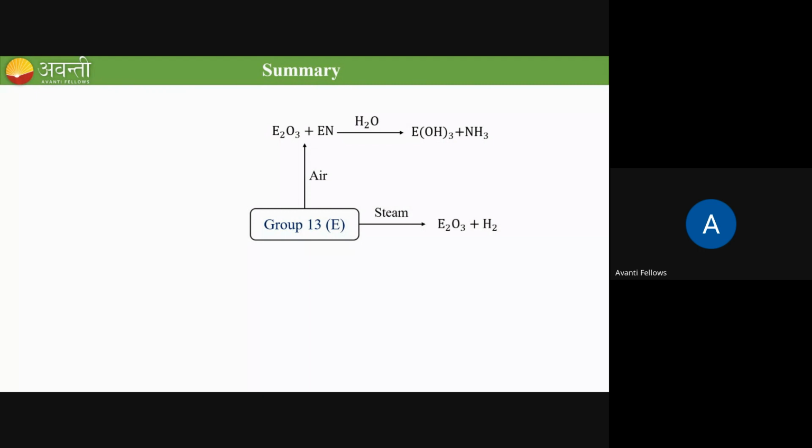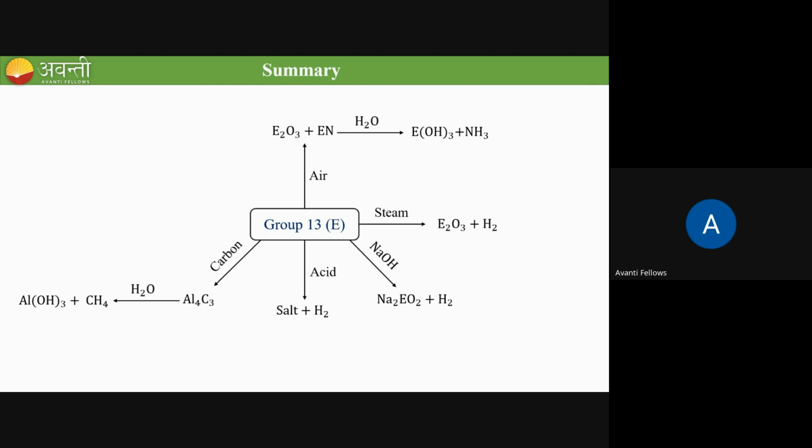When treated with sodium hydroxide, it forms hydrogen gas and a salt. When treated with an acid, it forms a salt with the evolution of hydrogen gas. When treated with carbon, it forms a carbide, Al4C3. And when this is treated with water, it forms hydroxides.